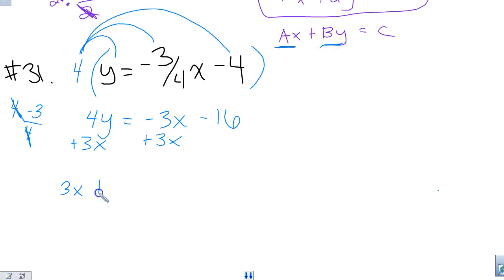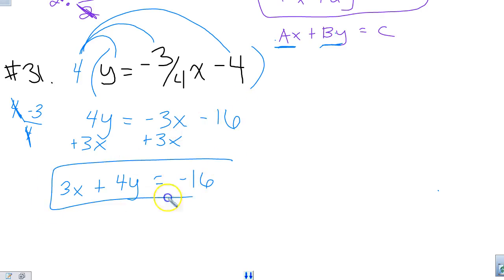So I'm going to write 3x plus 4y equals, so I've got 3x plus 4y equals, and then what's your value for c? Negative 16. Good. Questions on that one? Okay, do you guys feel okay converting slope-intercept to standard form? Yeah, all right, let's jump to our next page.